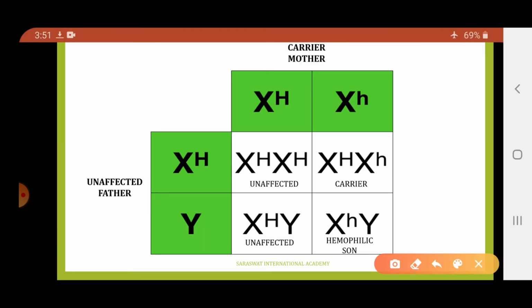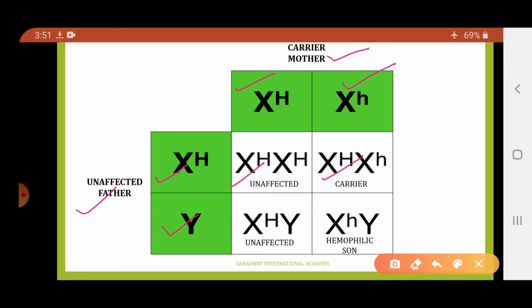Now see the inheritance pattern. Mother is a carrier, father is unaffected. The capital H indicates the normal one. This one is normal and this one is hemophilic. In the same way, the father is unaffected, that is normal, and the Y gene. So here you can say there will be an unaffected daughter.